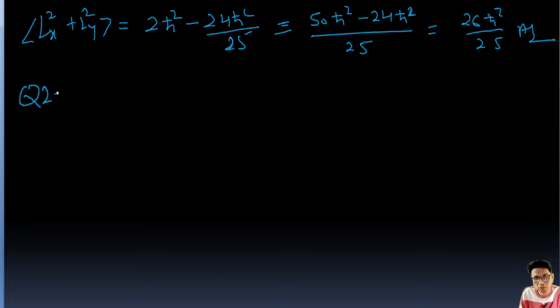Question number 2. These are very important questions, guys. So question number 2 is a question related to degenerate perturbation theory, right? So we'll solve it. So we'll write the question first.